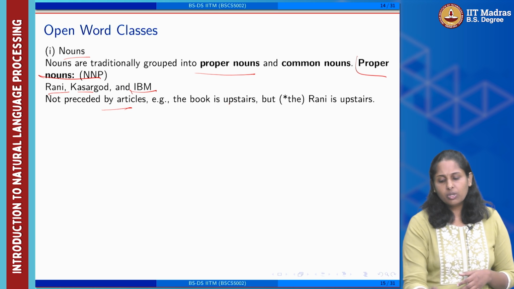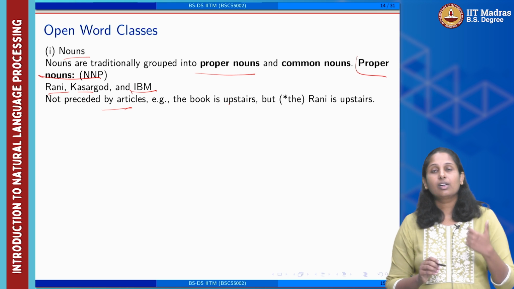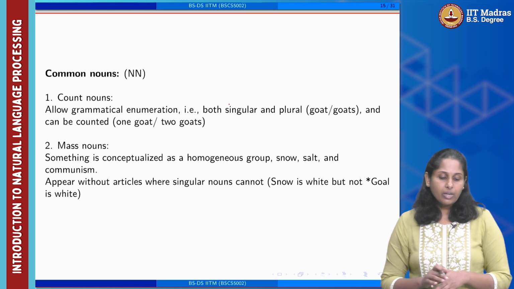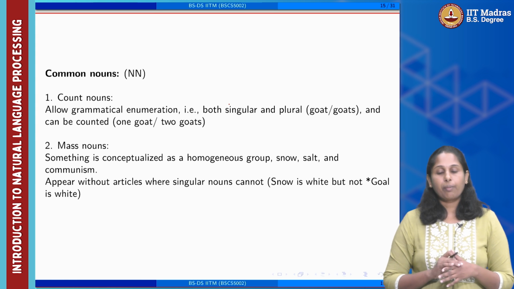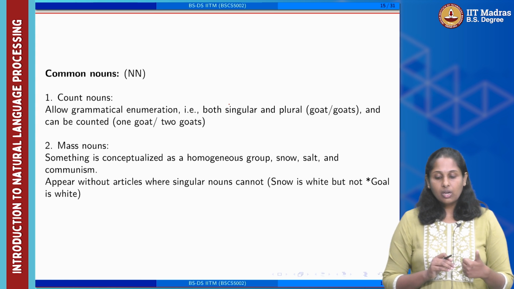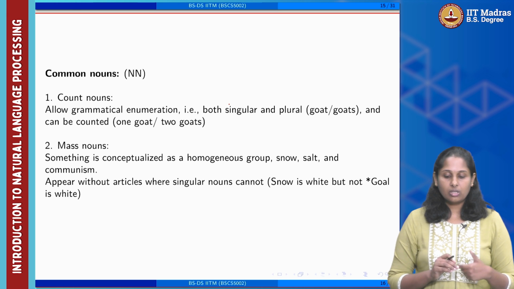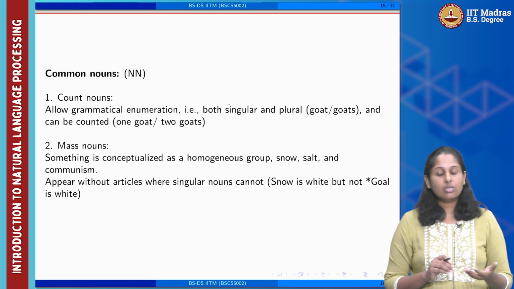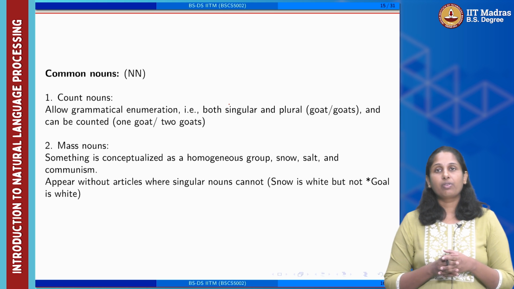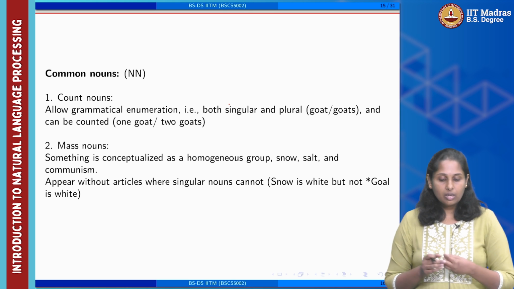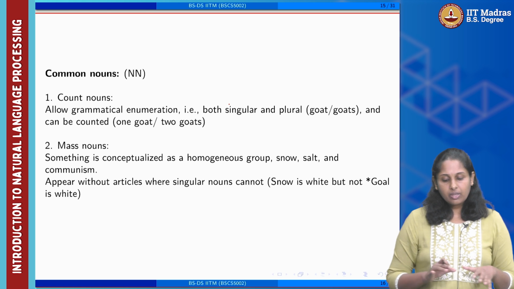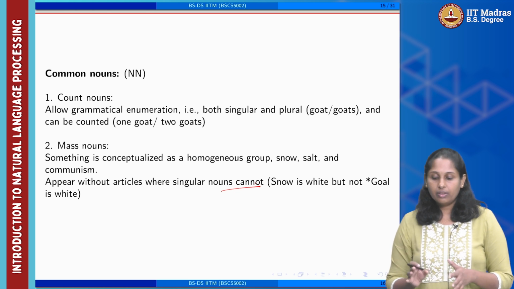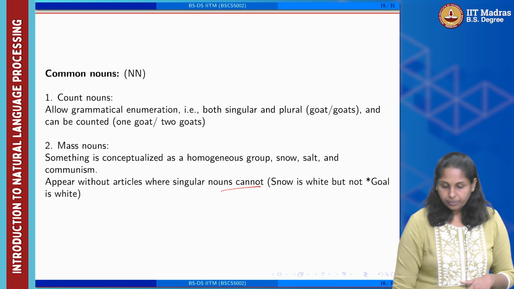So, you can say the book is upstairs, but you cannot say the Rani is upstairs, right. On the other hand, common nouns can be a count noun or a mass noun, where we can have some kind of grammatical enumeration, like singular and plural. Mass nouns can be conceptualized as a homogeneous group of things like snow, salt or communism. So, they appear without articles, whereas singular count nouns cannot occur without the article, right.